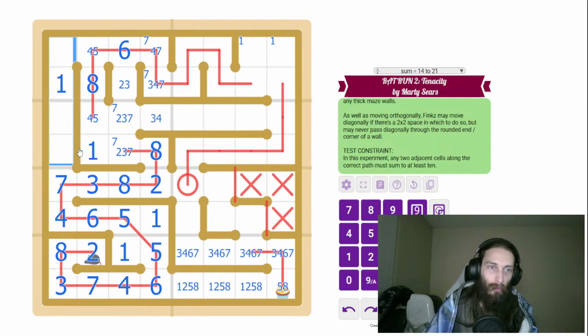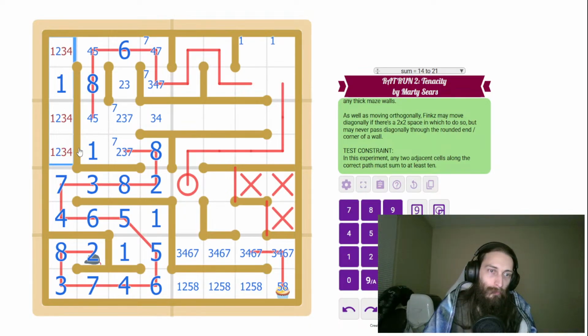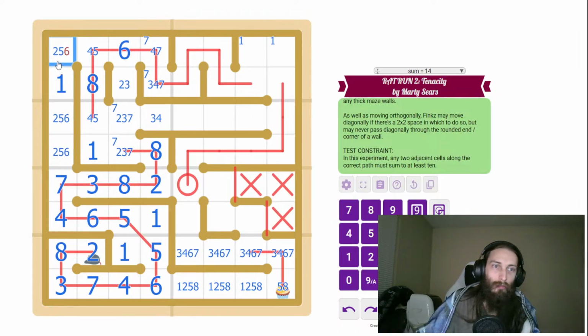I think I can get rid of some extra lines here. What's left over in column 1? 1, 7, 4, 8, and 3.